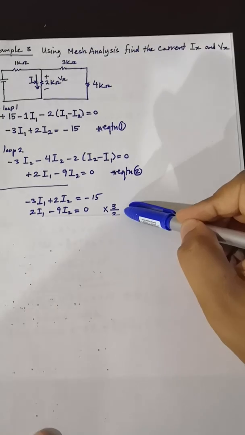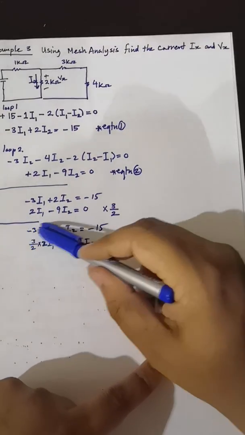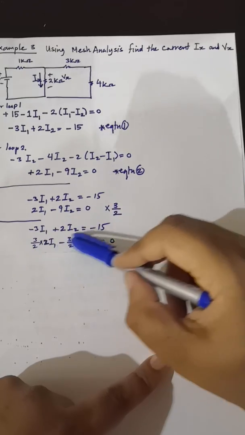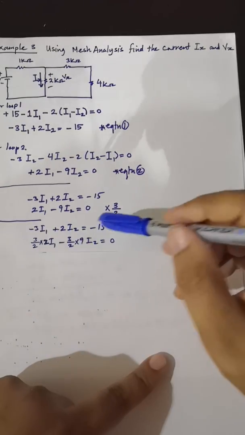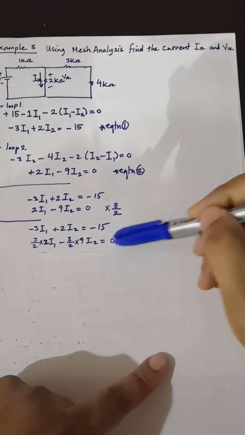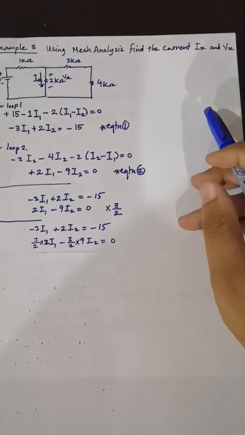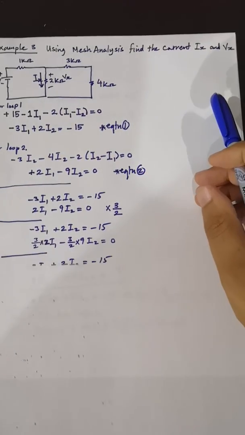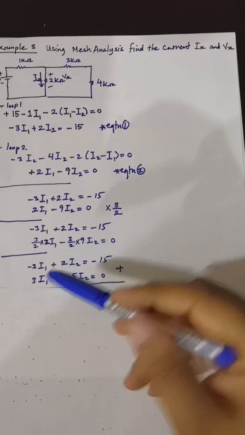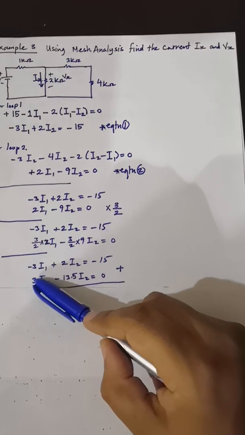So the new system of equations will be like this. So the first equation, no change. The second equation, we will multiply by 3 over 2. And we will multiply here also by 3 over 2. And we will multiply also here, but this is 0, so no need. Now, what will happen after I multiply? This will become equal to 3. This 2 will become 3.